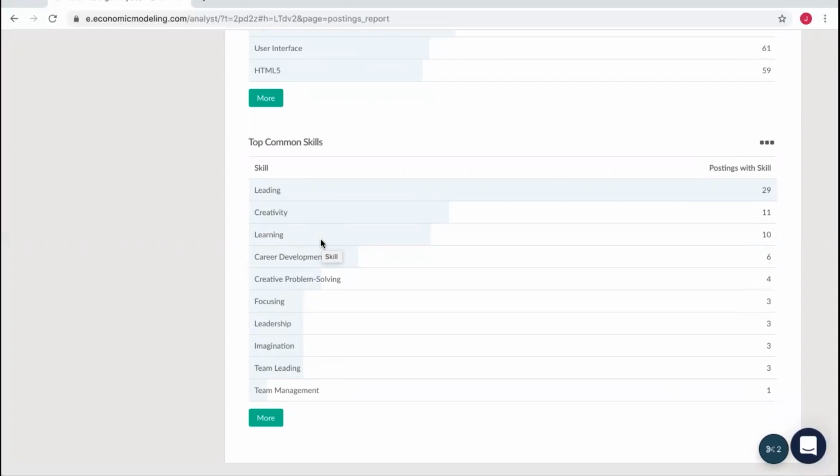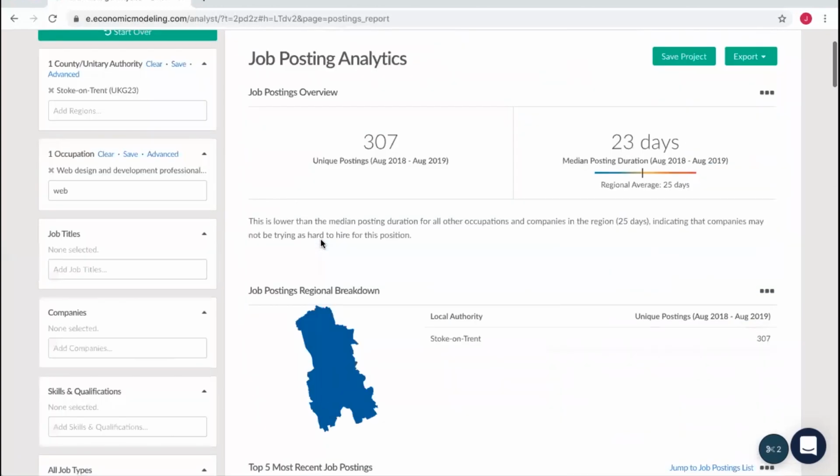Obviously there is some technical stuff there, but I also always point people to things like creativity, problem solving, leading, project management, because regardless of whether you need a technical qualification like a web developer program, if you had some of those other top common skills, you're going to be employable in other occupations within those digital industries. Whether that's working in sales or marketing or finance, you're still going to have some of those common skills that appear in the digital industries. So hopefully that's a useful report to see as well.